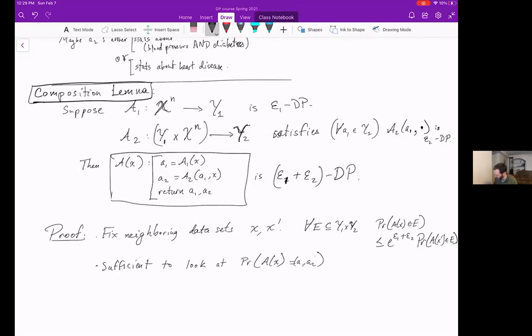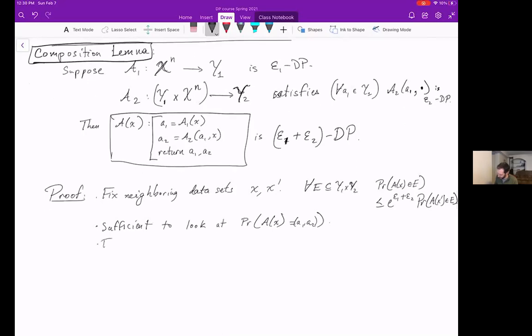So it's sufficient to show this condition not for some arbitrary complicated set of outputs, but just for one pair a1, a2. So let's fix our favorite pair of outputs a1, a2. And now the probability that algorithm A produces this pair is exactly a product of two things.